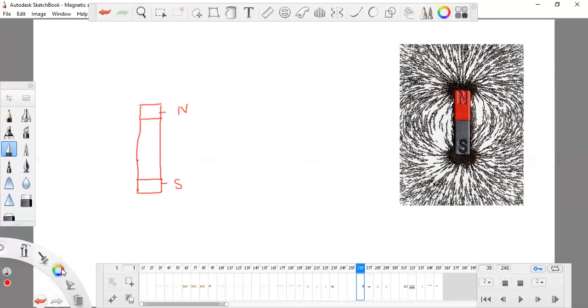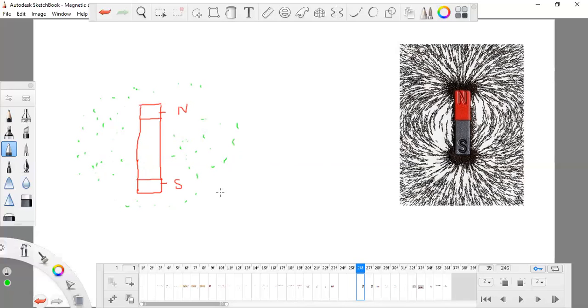Okay, and now I'm sprinkling some iron flakes around this, in a random fashion. I just did this.